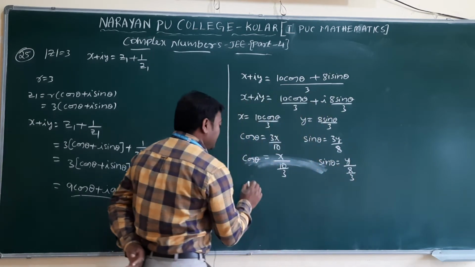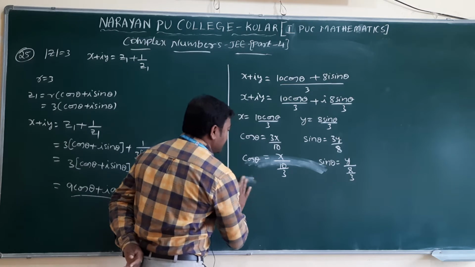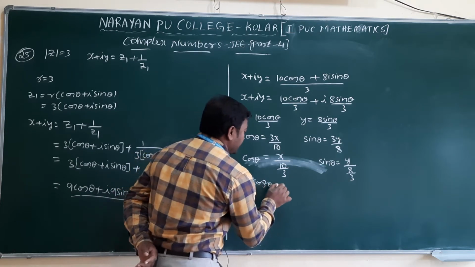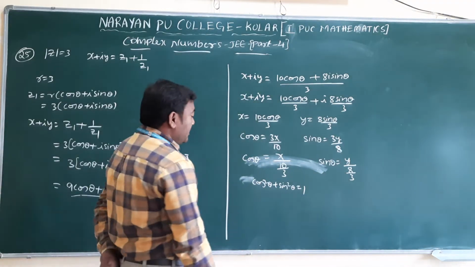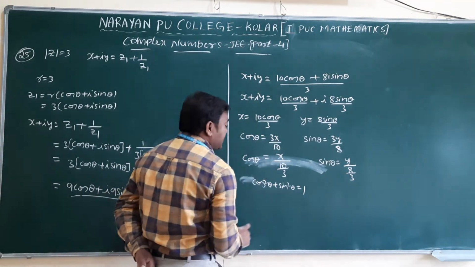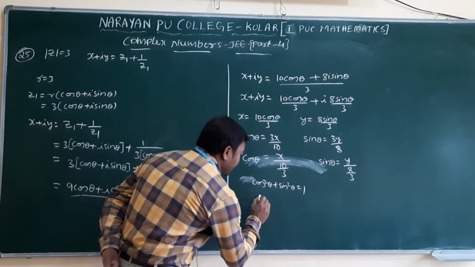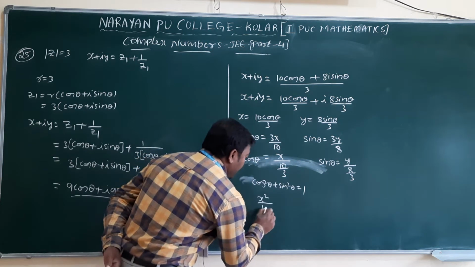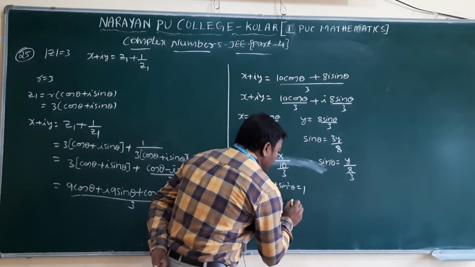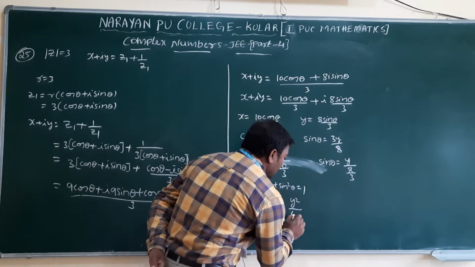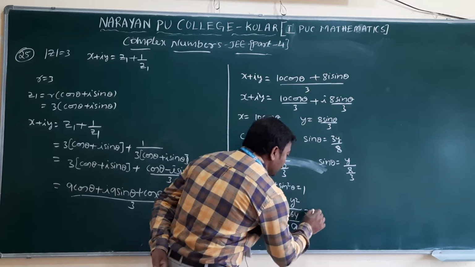Both are the same. Now, substituting the cos value and sin value directly, we get x square by 100 by 9 plus y square by 64 by 9 is equal to 1.